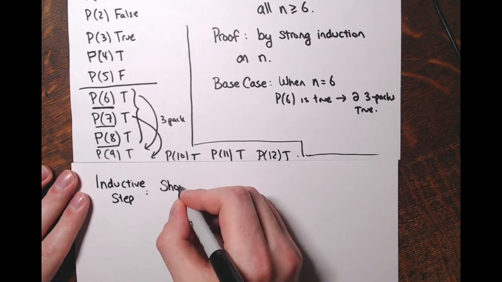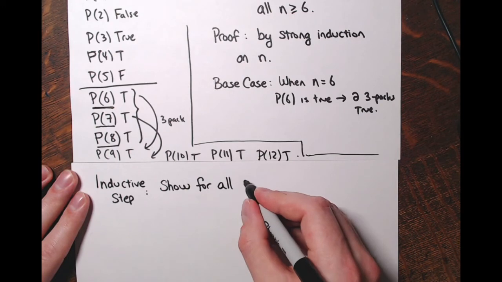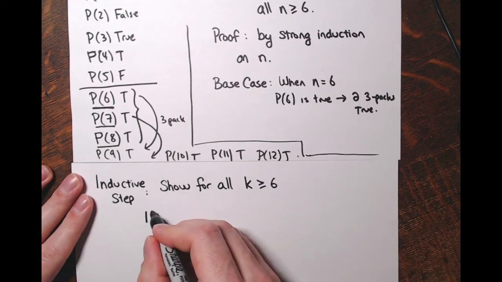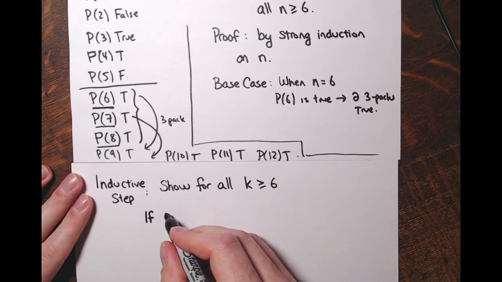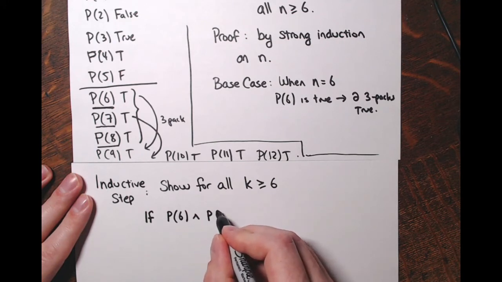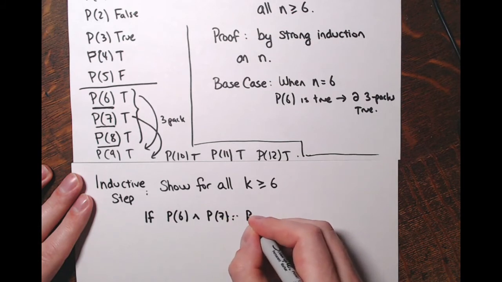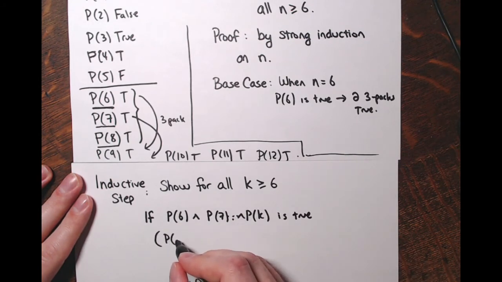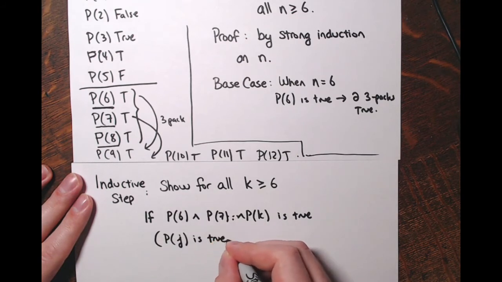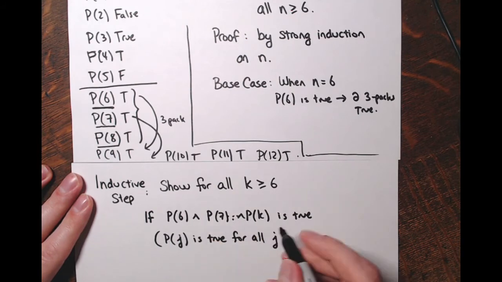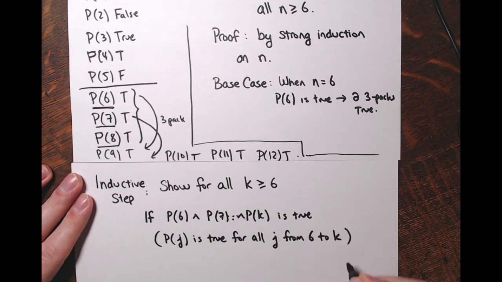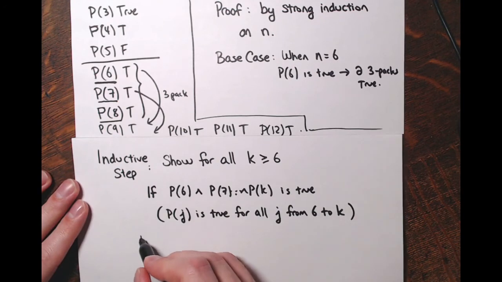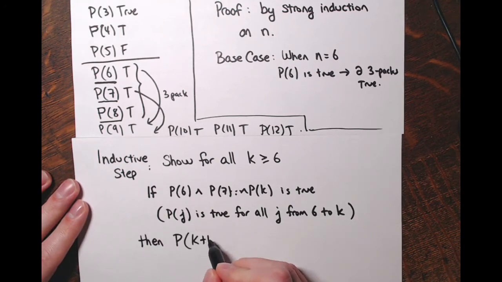So we're going to try to show that for all k greater than or equal to 6, if P of 6 and P of 7 up to P of k are true, another way to say that is if P of j is true for all integers j from 6 to k, then let's show that P of k plus 1 is true.